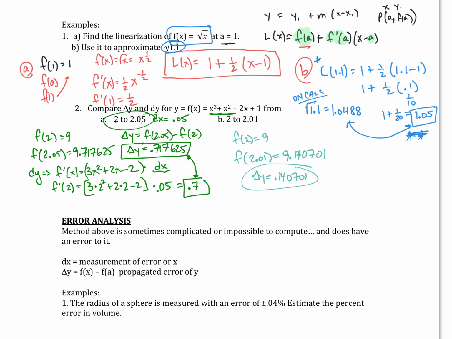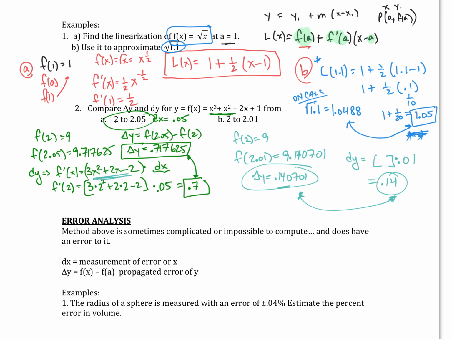Okay, there's my delta y. Now let's find dy. I will take the derivative, which I've done over here, and I'll plug in my 2, but this time I'm going to multiply it by 0.01, and I will get an answer of 0.14. Again, you can compare these, where this is the change in the two, and this is what the rate of change is going to be.